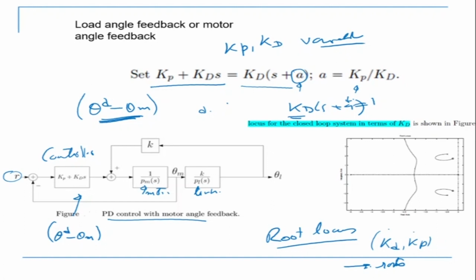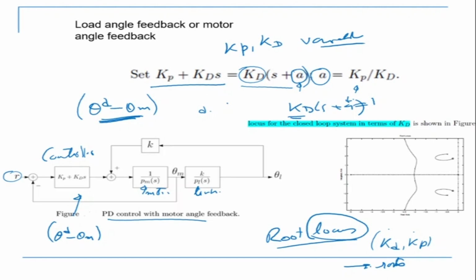And how do we do that? One way is that I can vary this Kd, and I can see where the roots are going. If you do that, the locus of that is basically called the root locus. That means for all values of Kp and Kd, all the possible places of the roots of the system will give you the root locus.